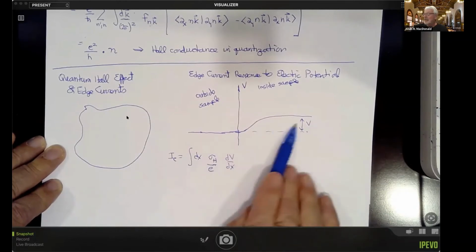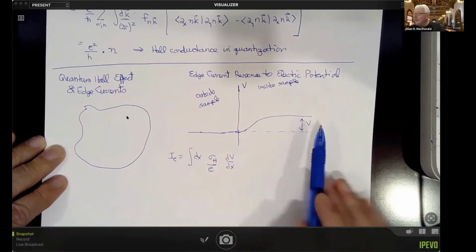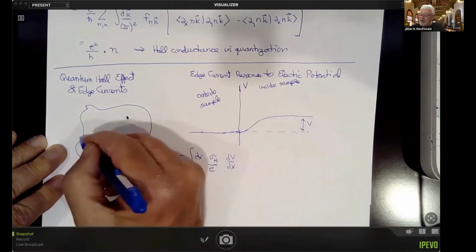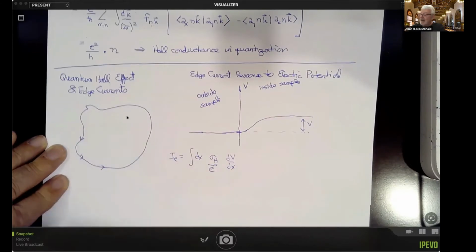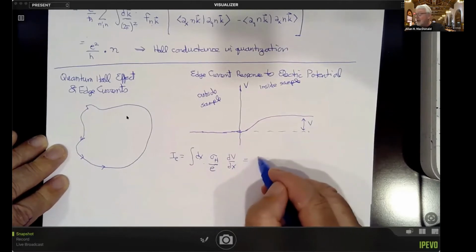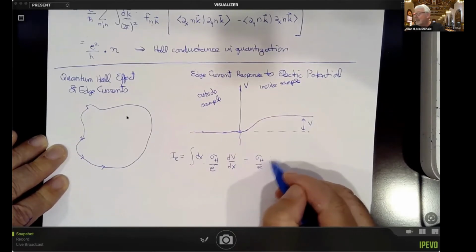That's the electric field perpendicular to the boundary, and it will drive an edge current along the boundary at any point, given by this integral. So that's sigma Hall over E times V, okay?